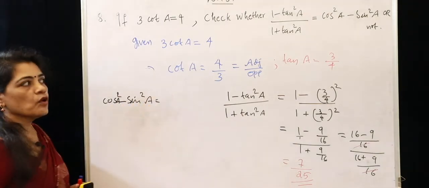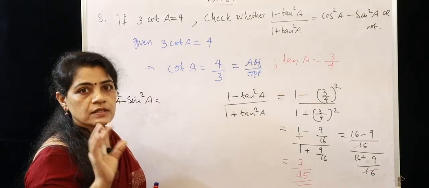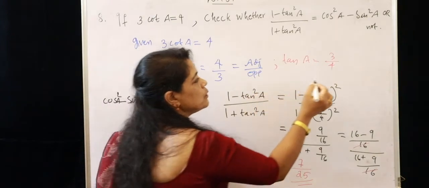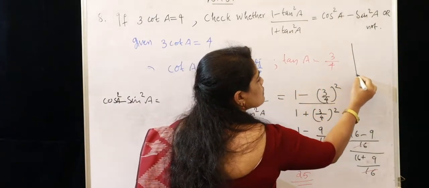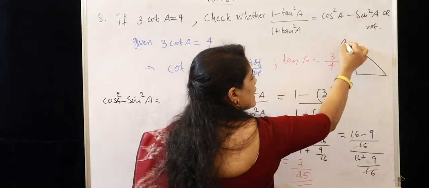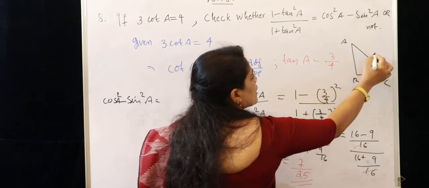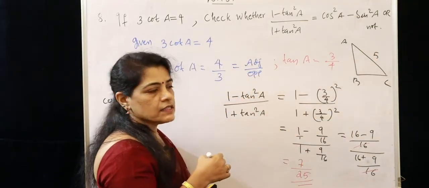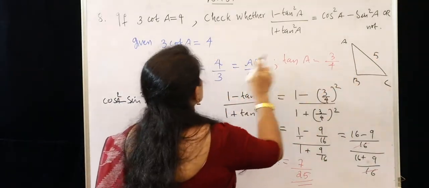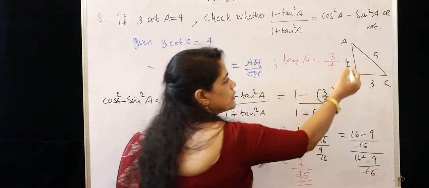We have seen that the hypotenuse is 5. This is the figure I already drew: A, B, C, and this is 5, the hypotenuse. AB is the adjacent side, which is 4, and 3 is the opposite side with respect to angle A.